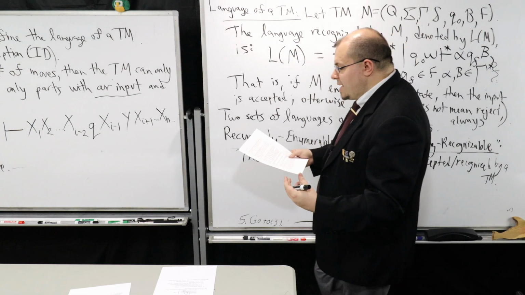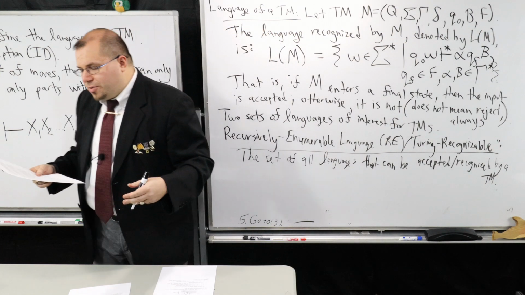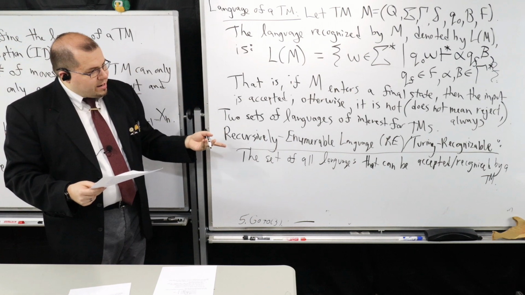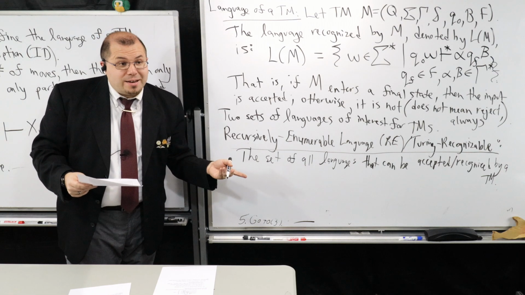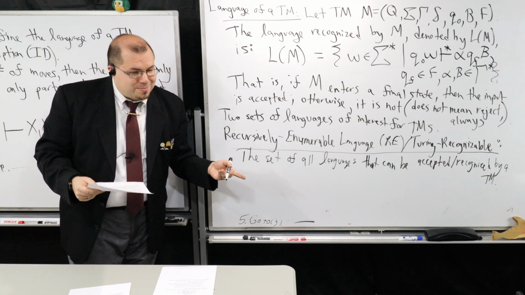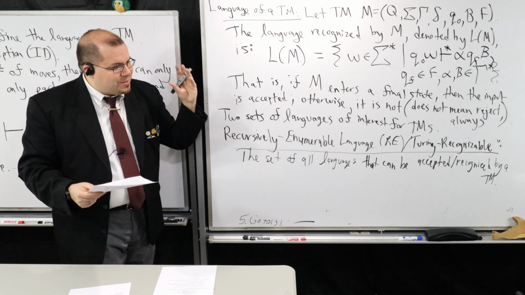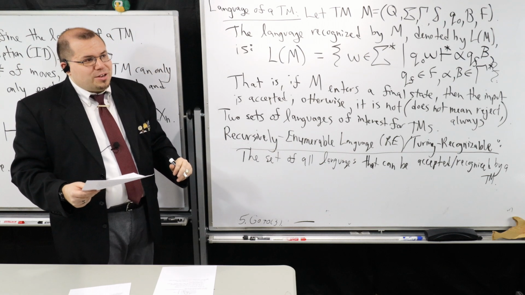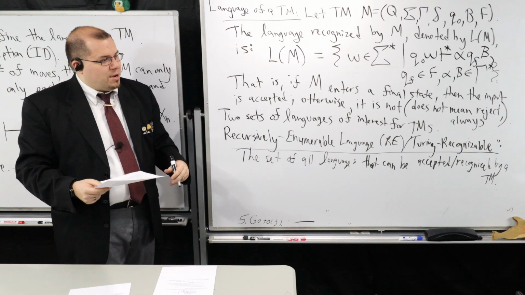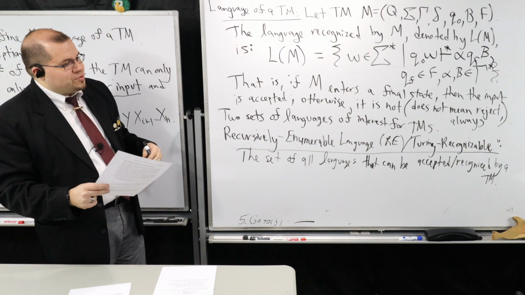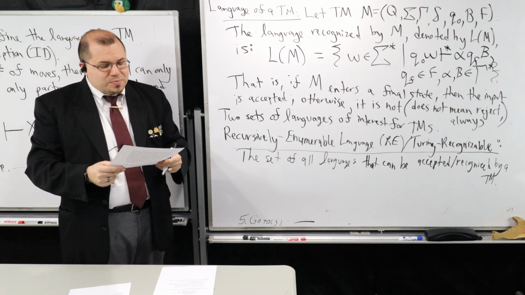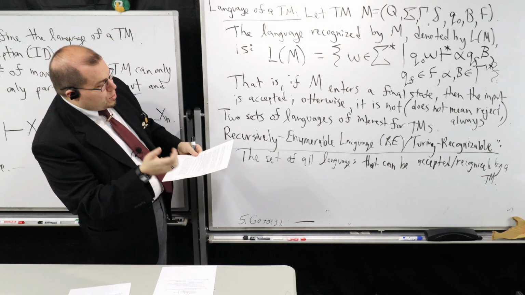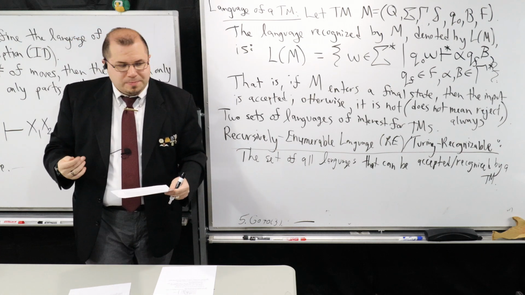When I say that, if I give you some language and present a Turing machine that is able to accept or recognize it, remember that doesn't necessarily mean it's going to halt all the time. It just means that if the string is in that language, it's always going to accept, but it may do other things. It may reject, or it may never halt for strings that are not in that language. We say that language is recursively enumerable or Turing recognizable.